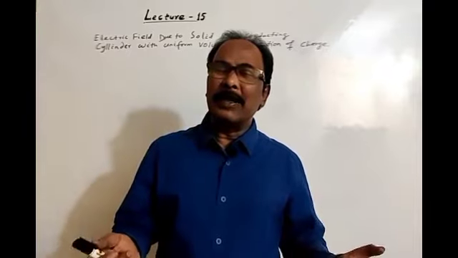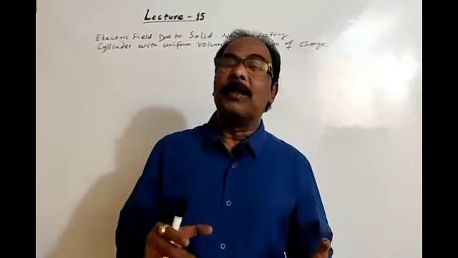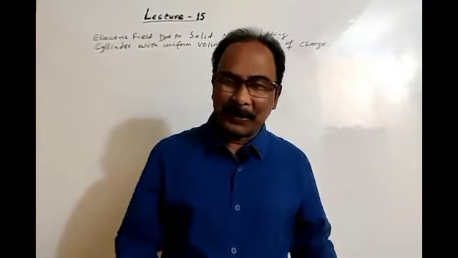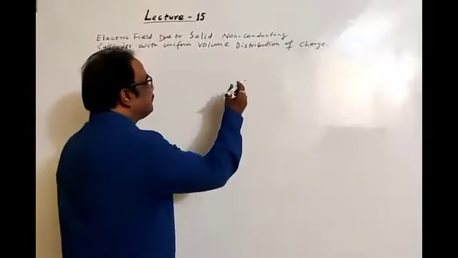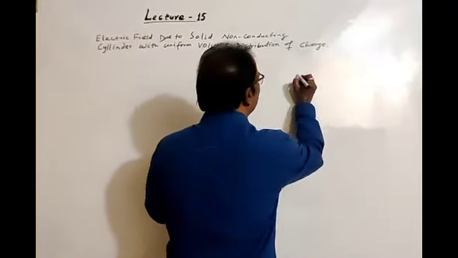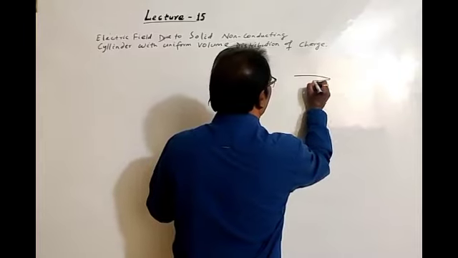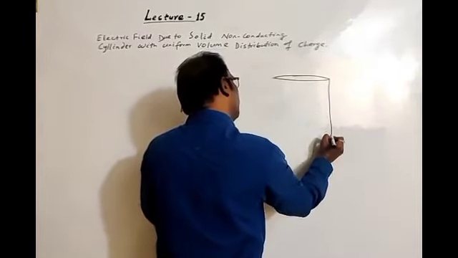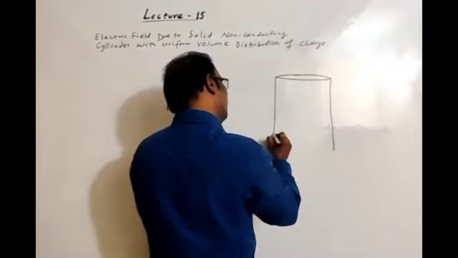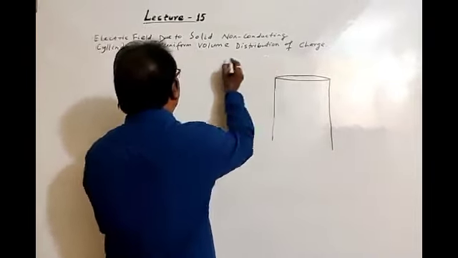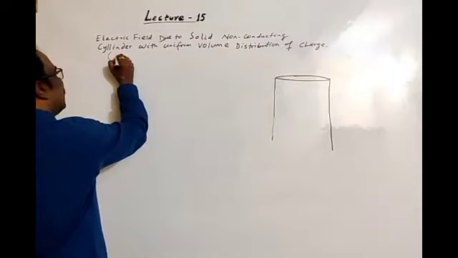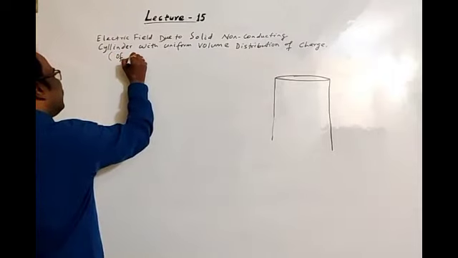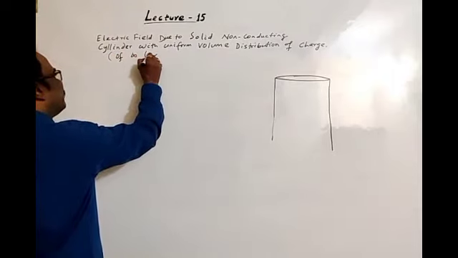So this is the case of uniform volume distribution of charge. Okay, let's imagine this is a cylinder, a solid cylinder. Of course, we may take a solid cylinder of infinite length.